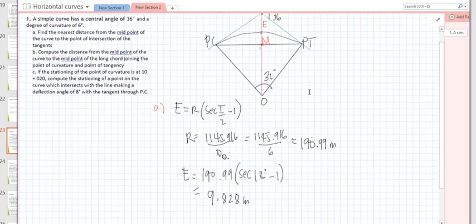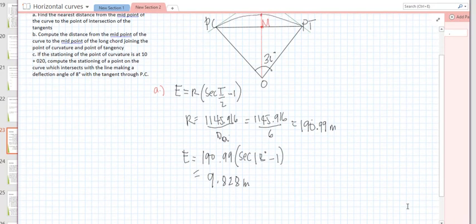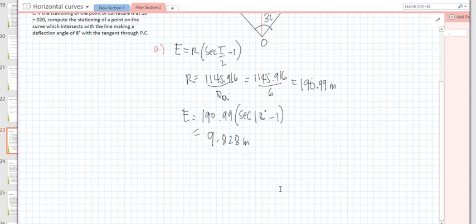So we have the formula for M. So B. M is equal to R times 1 minus cosine of I over 2.